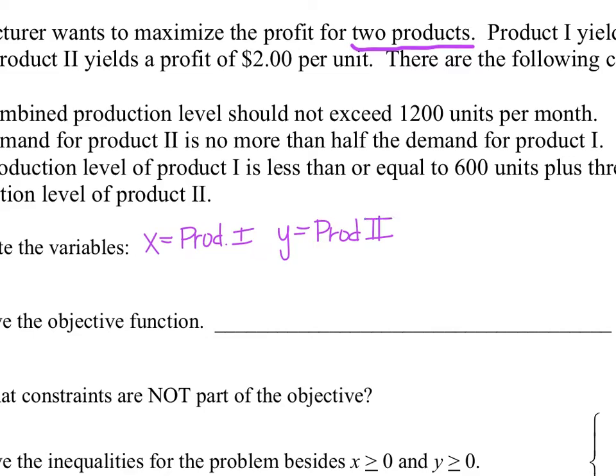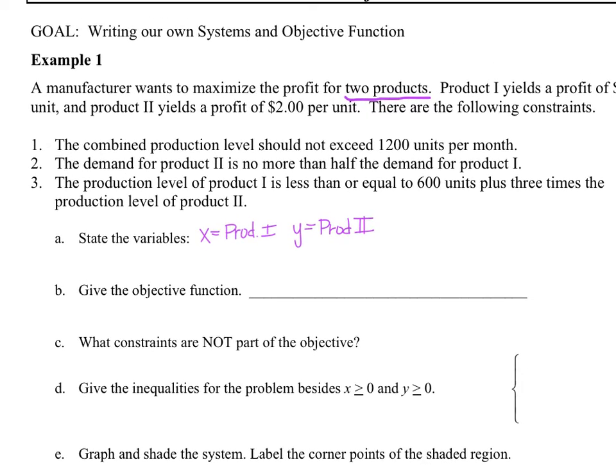The second step, part B, is you want to identify the objective of this problem. Now, as with most companies, the objective is to make money. That's the goal. And in this case, we want to maximize the profit. And so after we identify that, we write, all right, I want to maximize the profit. And how am I going to do that?